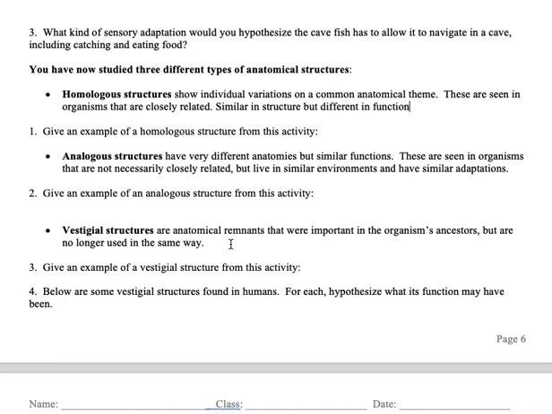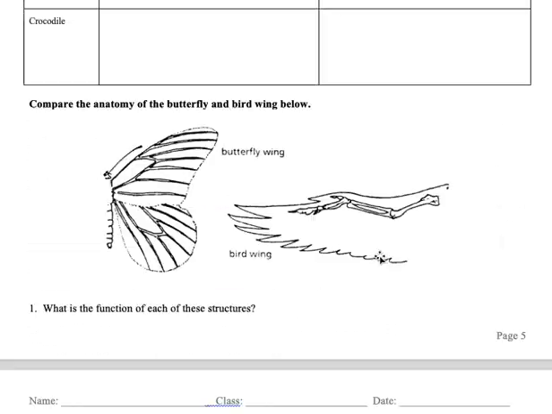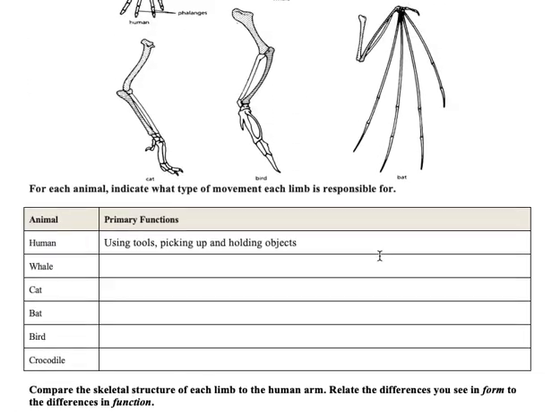It indicates an organism's common ancestor, meaning, with the whale, that it suggests that perhaps the whale was once a walking land animal, a walking mammal, or ancestors of that whale were walking on land. So vestigial structures, analogous structures, homologous structures. You want to go ahead and just write that down in your notebook, and we're going to look at homologous structures in this activity to start.